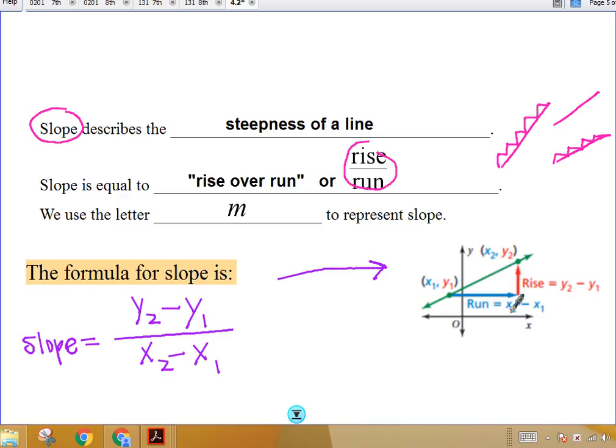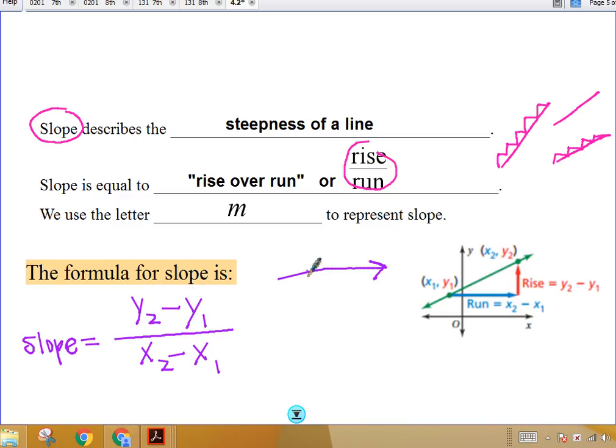You see the 2 points. There is x1, y1, and there's x2, y2. And so you would end up subtracting these. And you will use both rise, run, counting boxes, and the slope formula to find the slope.